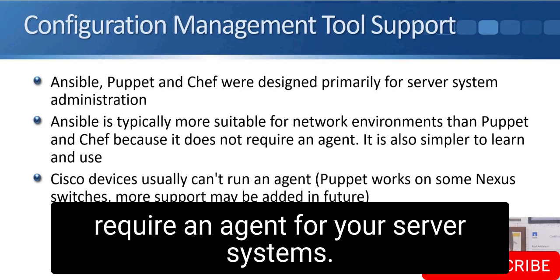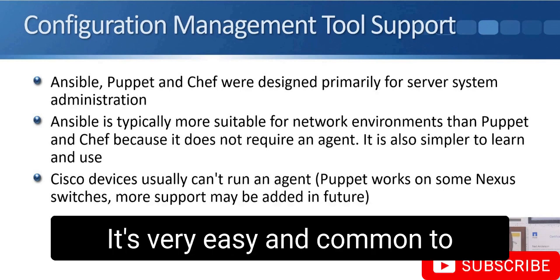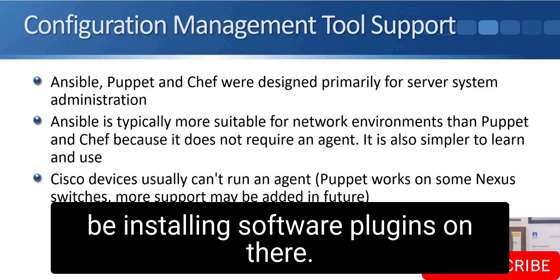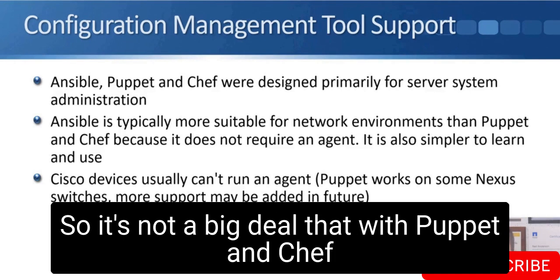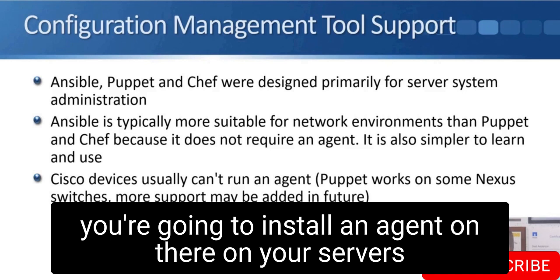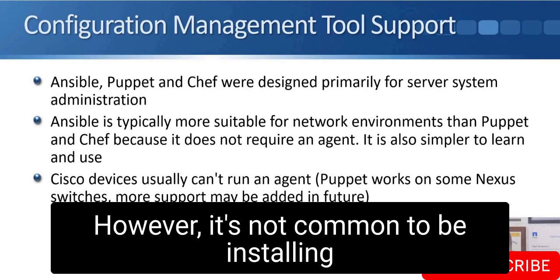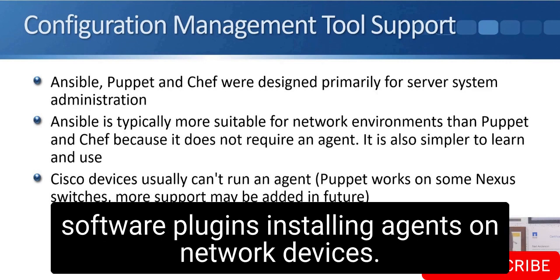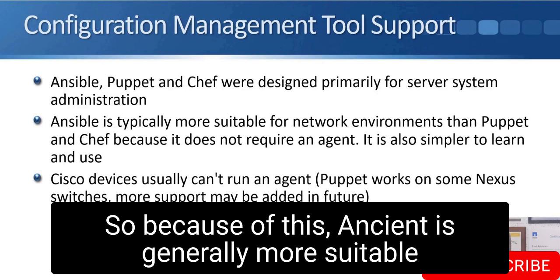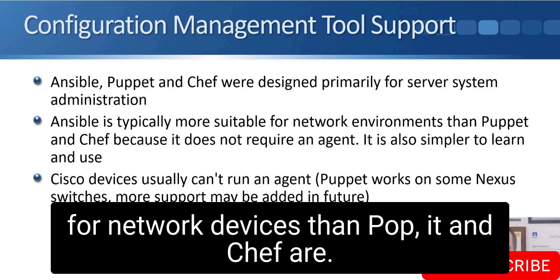For your server systems, it's very easy and common to be installing software plugins on there, so it's not a big deal that with Puppet and Chef you're going to install an agent on the servers you're going to be managing. However, it's not common to be installing agents on network devices. Because of this, Ansible is generally more suitable for network devices than Puppet and Chef are.